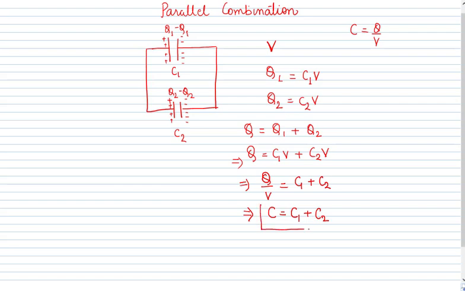This gives us the formula of the total capacitance of two capacitors which are connected in parallel. This is exactly opposite to what formula we get for resistors. For resistors, it is an inverse relation, 1 upon R is equal to 1 upon R1 plus 1 upon R2. But for capacitance, we got this formula as C is equal to C1 plus C2.